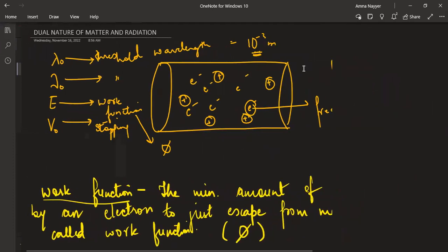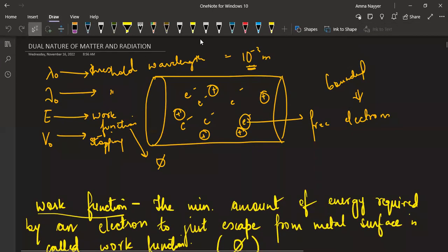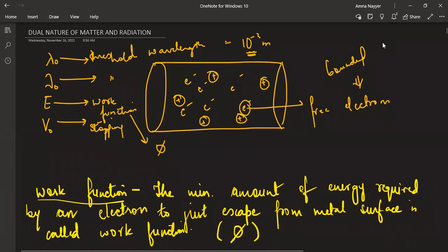See, let's say one electron is there, and this electron needs a certain value of energy, let's say 5.5 electron volt. Now, what is happening? When you give the energy 3.4 electron volt, you notice that the electron is still residing in the metal surface.